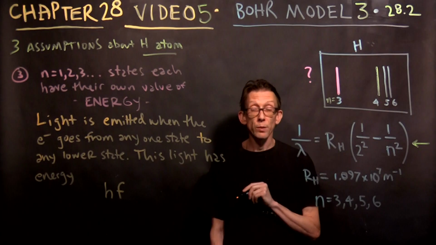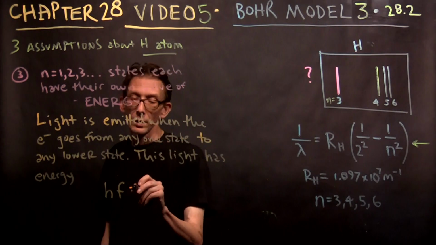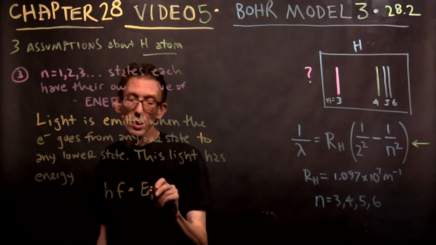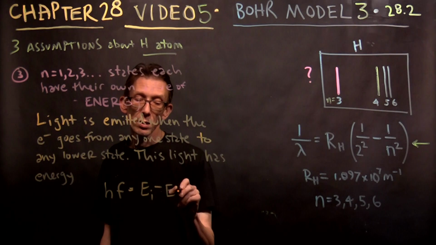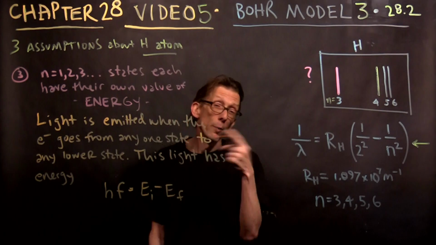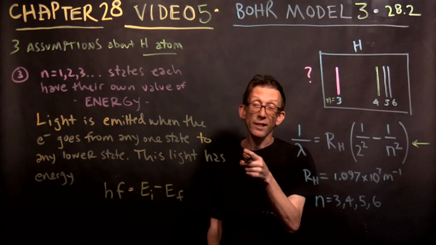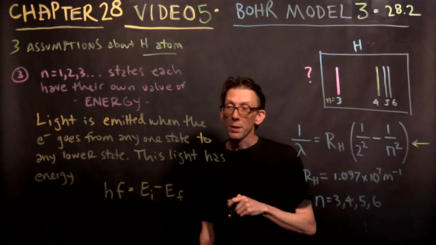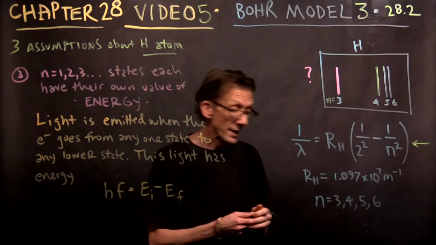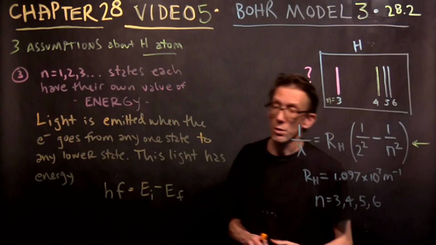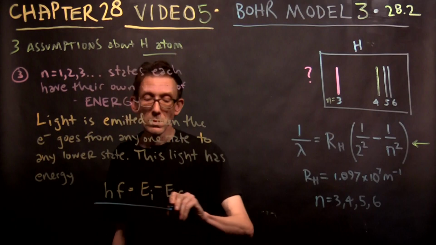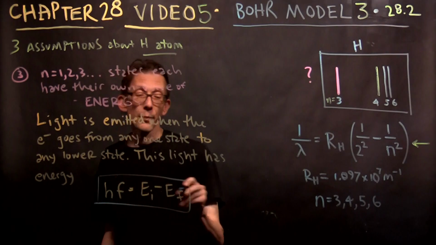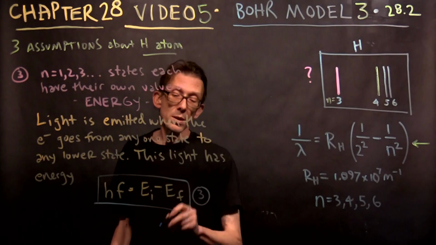Planck's constant times the frequency equals the initial energy minus the final. It's not final minus initial. This is not a delta E in that formal sense. But the light has this much energy. That is assumption 3.